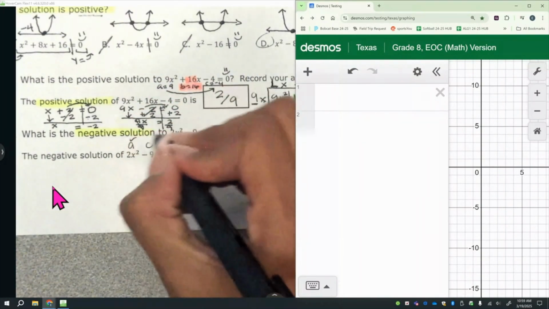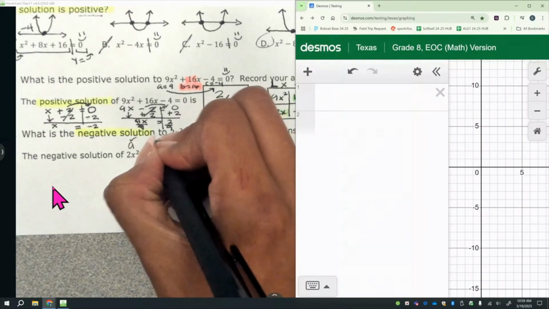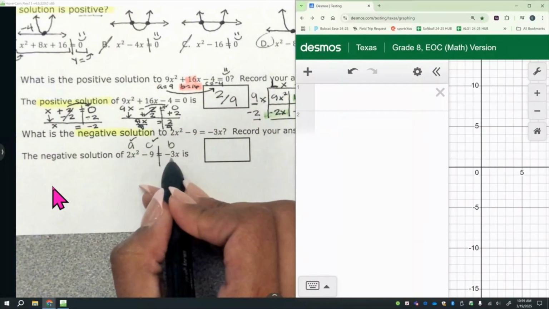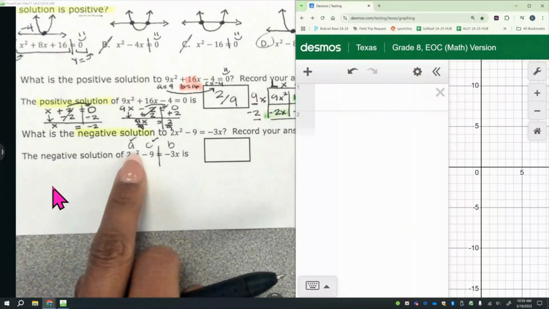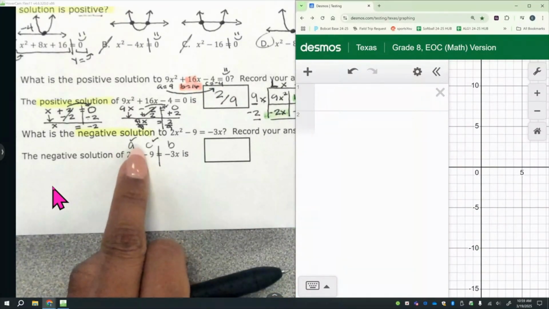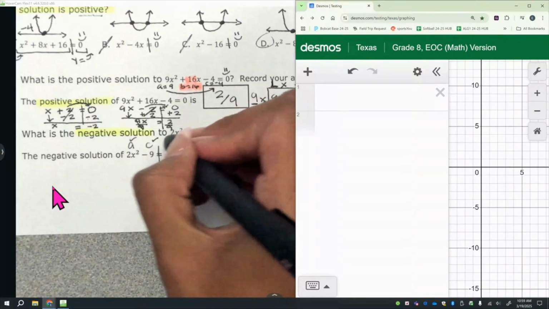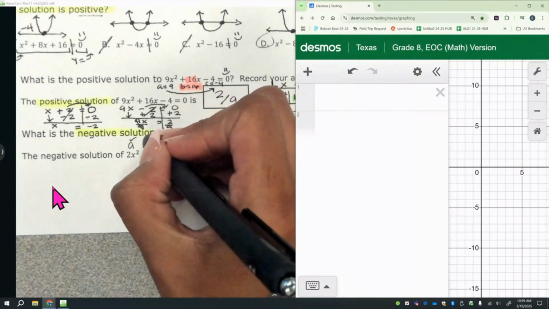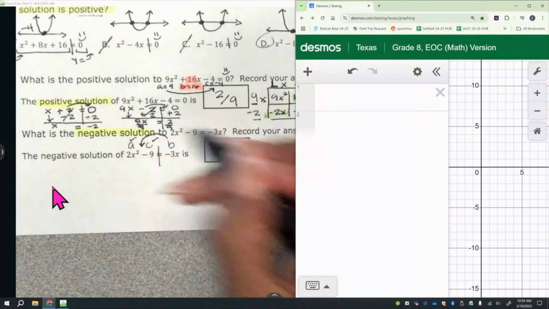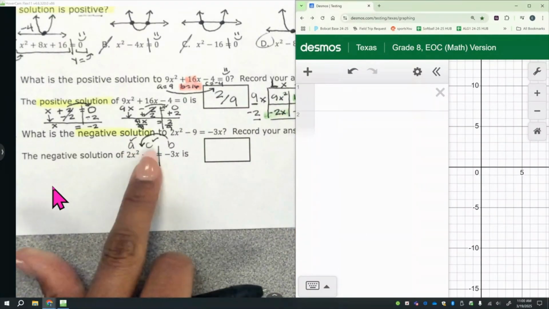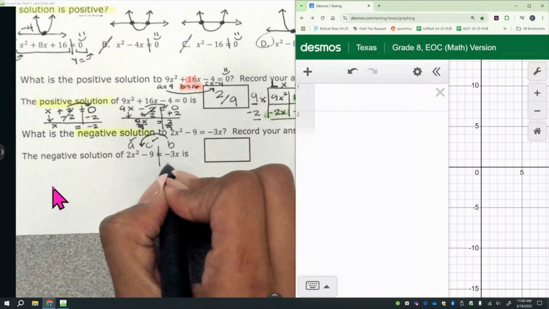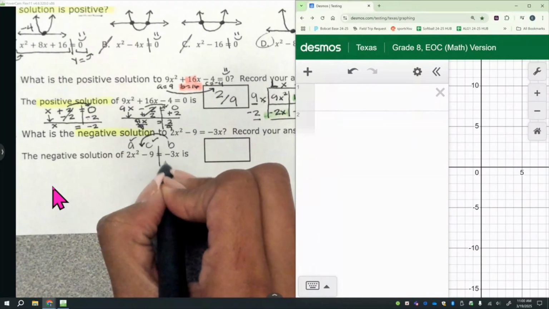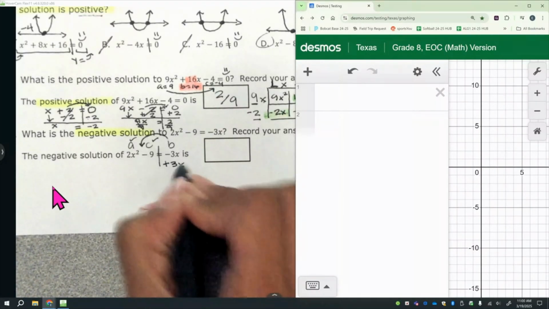So A is on the right side, C is on the right side, but B is not. So we need to move B to the other side where it will say A, B, C. So I'm going to draw an arrow where B should go. B should go right here in between A and C. So how do I move B to the other side? It's a negative, so we have to make it a positive 3x.